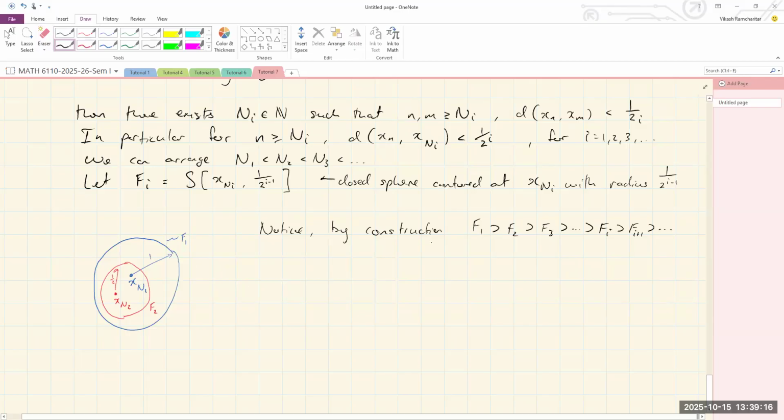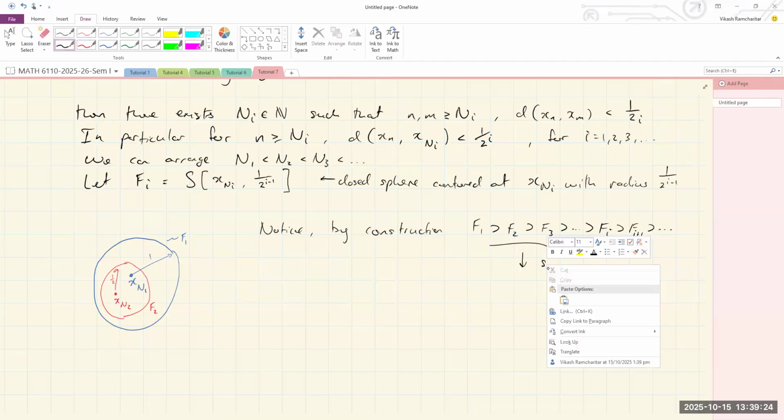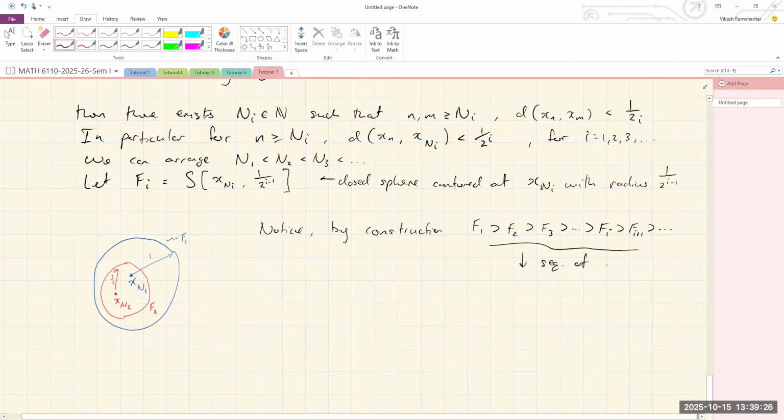So also notice by construction that the F's are a decreasing sequence of closed sets, right? Because they are all closed spheres. A closed sphere is a closed set.